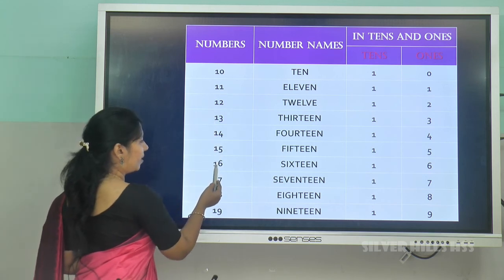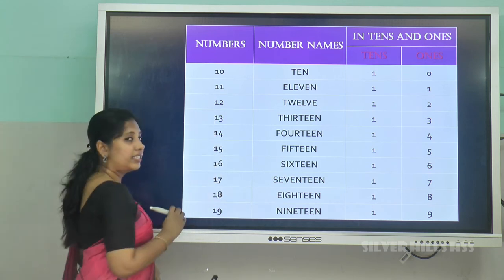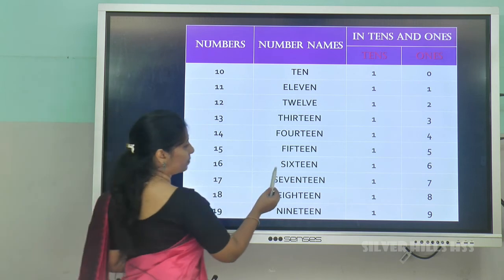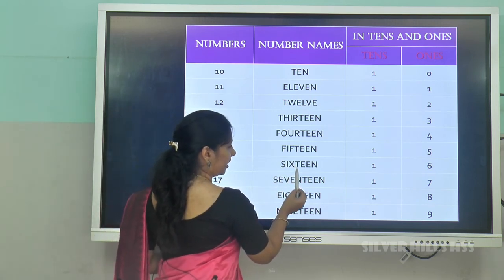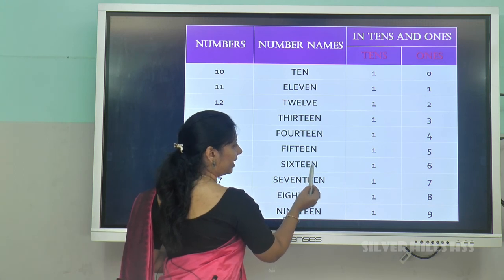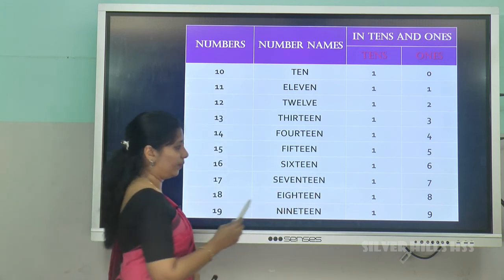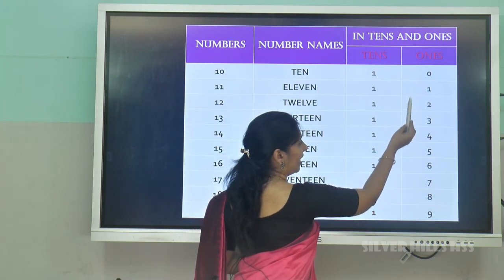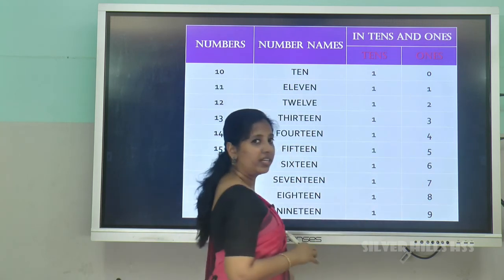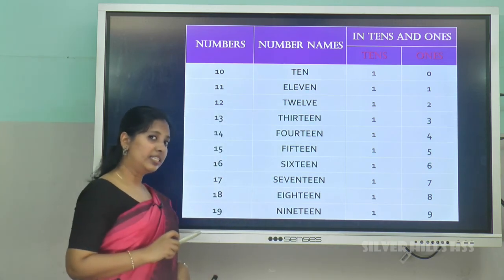Next number after 15 is 16. So the spelling is S-I-X-T-E-E-N, 16. And in tens place we will write 1, and in ones place we will write 6. So 16.